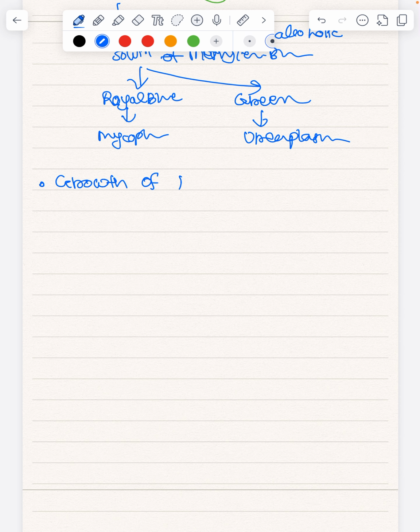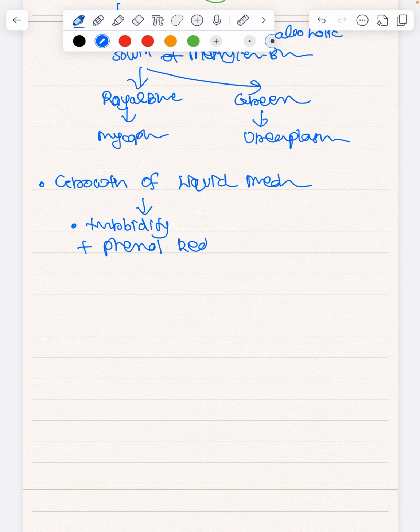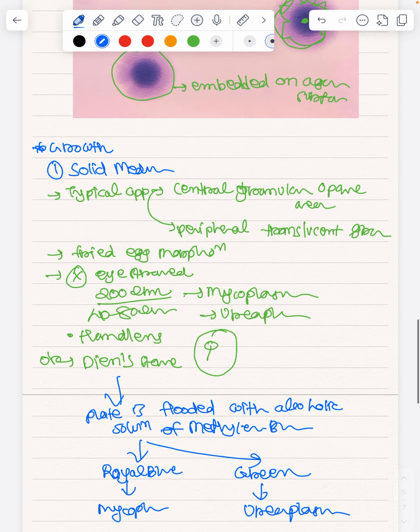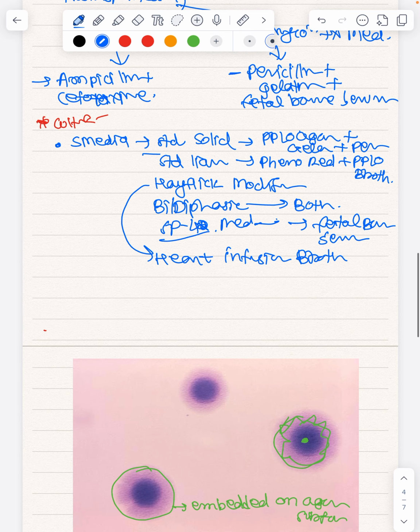Then the growth in liquid media: there will be turbidity plus phenol red. In this standard liquid medium, we said there will be a phenol red indicator.